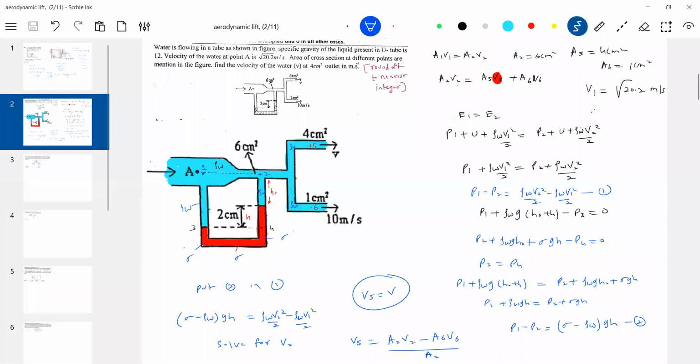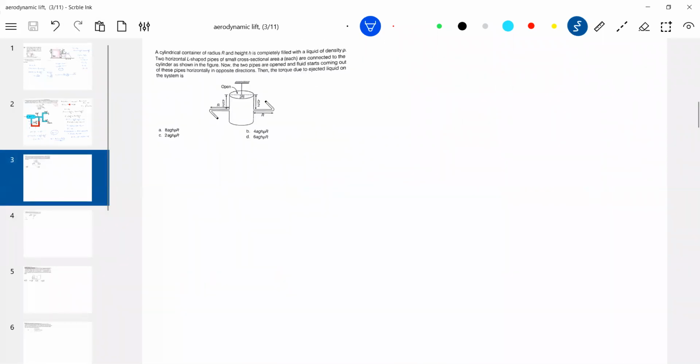Okay, some questions are there like this with inverted ones. So there's a method you should apply. I'll scroll down. Read this question.